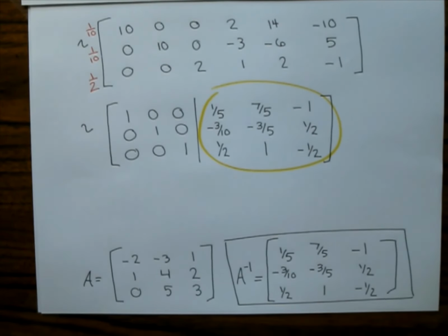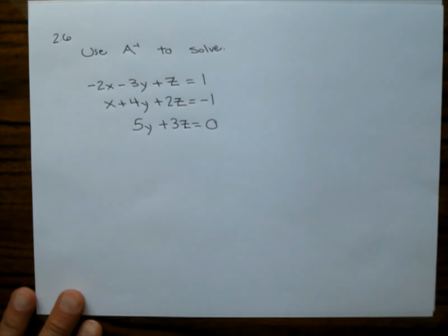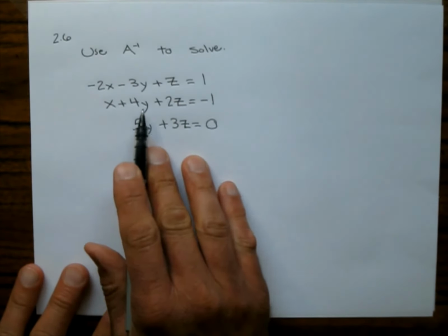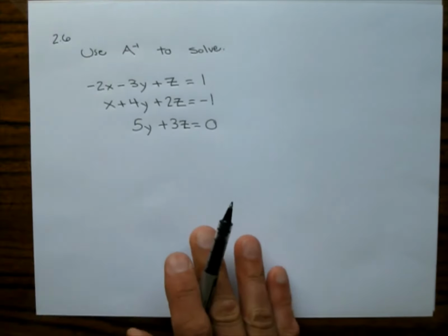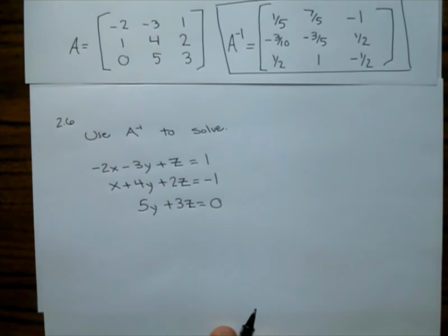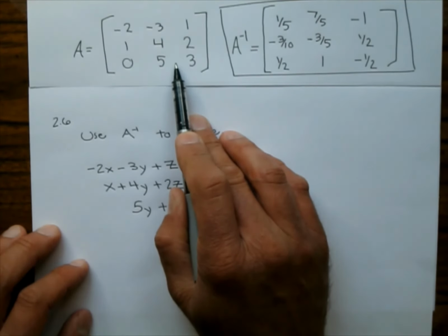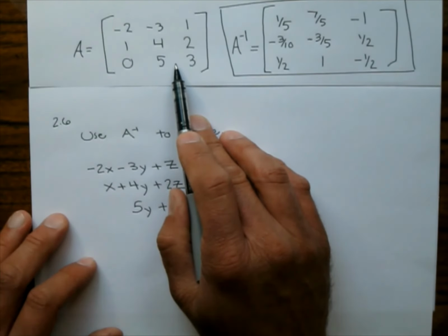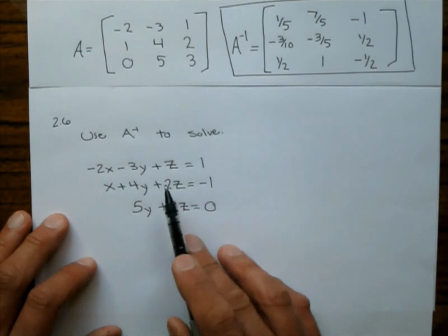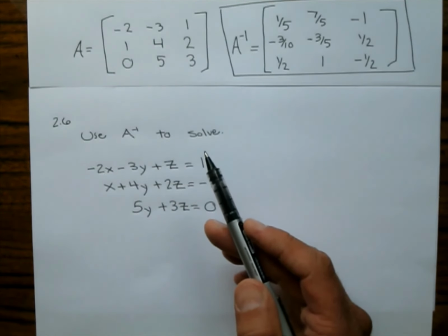My next question is this one right here. Use A inverse to solve the system. Now, what do we know about this system here? This system has the same coefficient matrix as this. So I wanted to save us some time, and on the test I might do the same thing. I might have you use A inverse, maybe give you what the inverse is, or have you work off another problem.